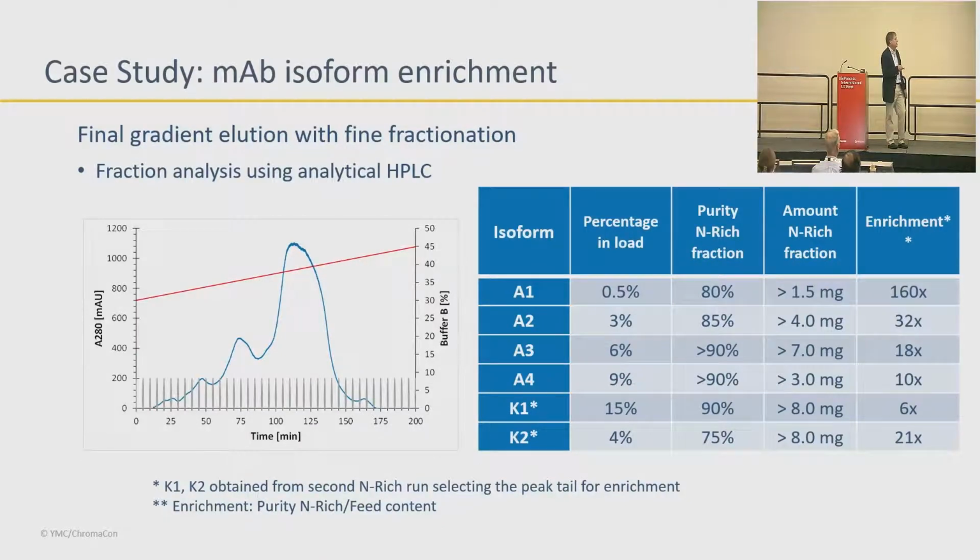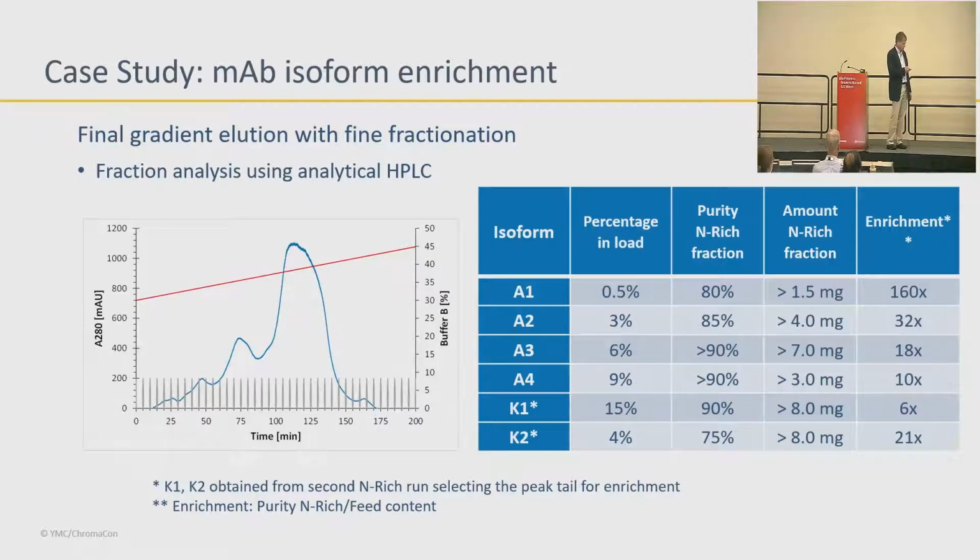And the results. They were able to get milligram quantities of the different isoforms as they were running those 5 cycles, with the amount of enrichment from the initial stock solution.